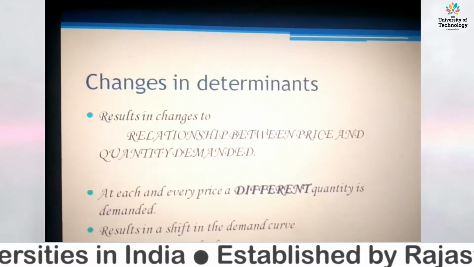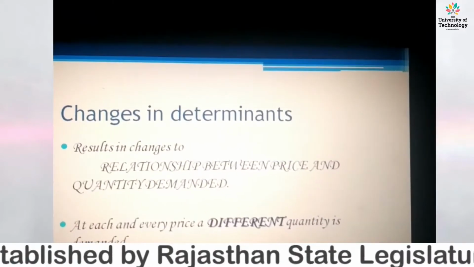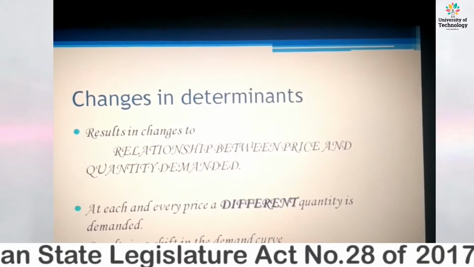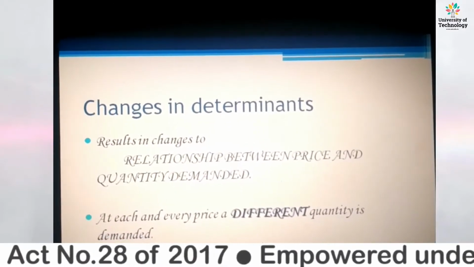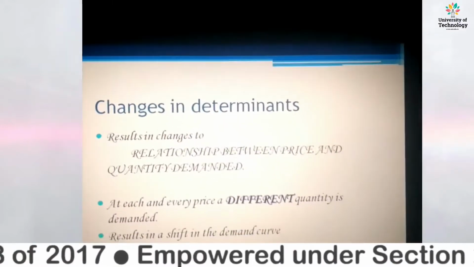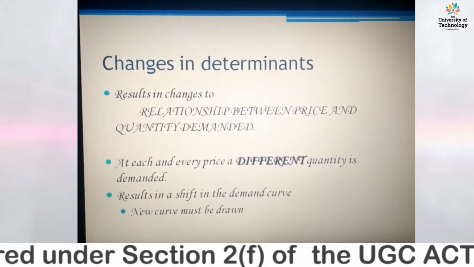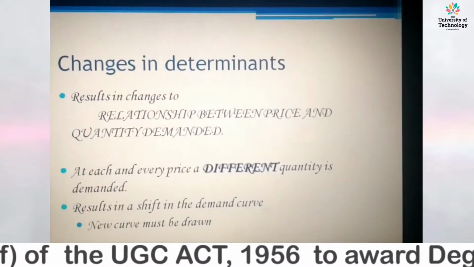Now the next part: if we change the determinants or factors, for example income, expectation of future prices, as well as substitute goods and complementary goods, these are the factors through which the demand for a particular quantity of goods may vary, right?